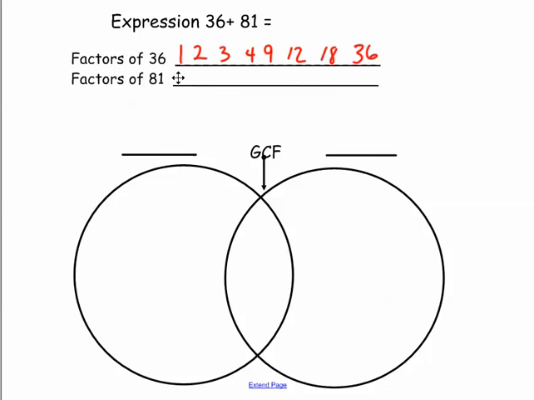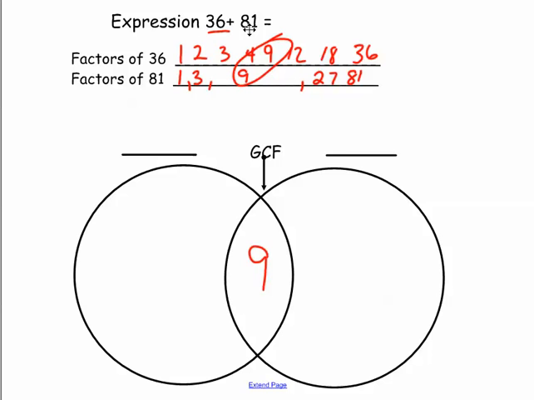My factors of 81, let's see, 1 and 81, 3 and 27, and we'll say 9 and 9. Okay, so what's my greatest common factor here? It is 9.